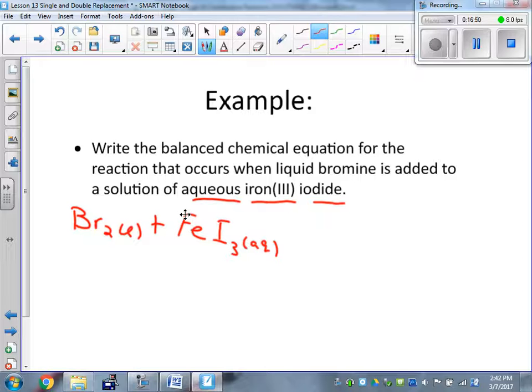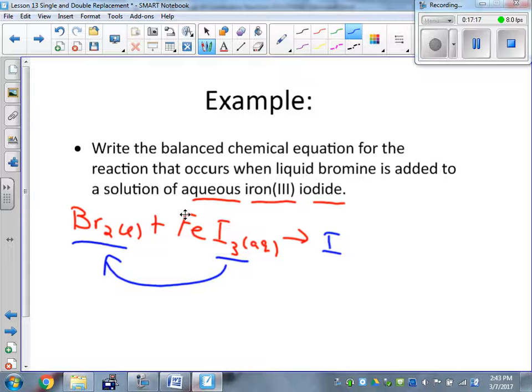In this case, once again, we have a non-metal. Bromine is a non-metal on the right-hand side of the staircase. It will therefore switch with the non-metal, which of course is I in this case. Those need to switch positions. So I is going to come out by itself, and Br is going to come over here by itself.